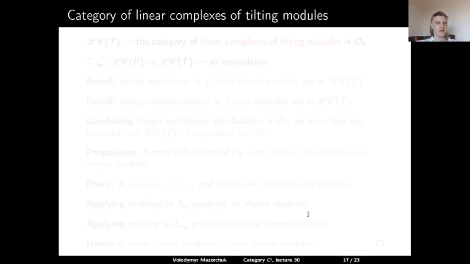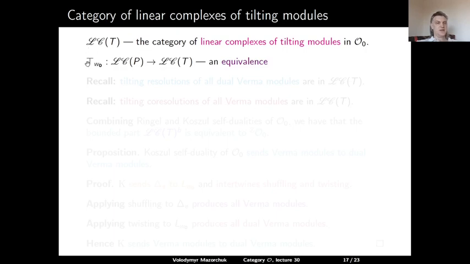Let us now discuss the category of linear complexes of tilting modules. So LCT is the category of linear complexes of tilting modules in O. The twisting by the longest element in W is an equivalence from the category of linear complexes of projective modules to the category of linear complexes of tilting modules.